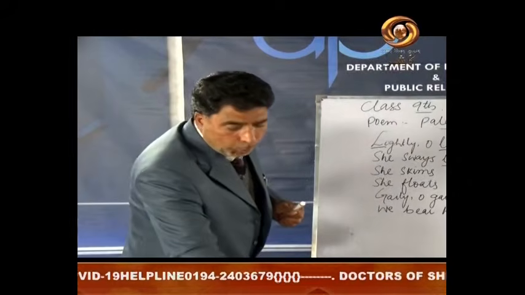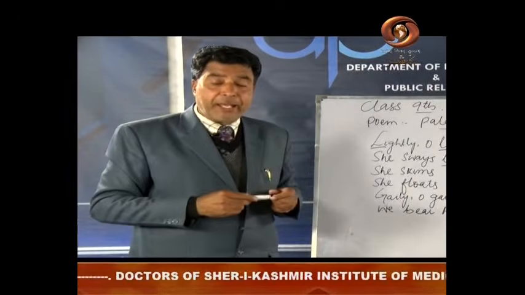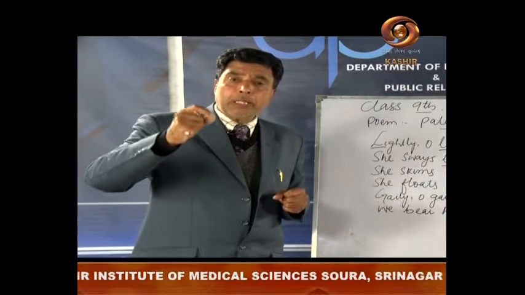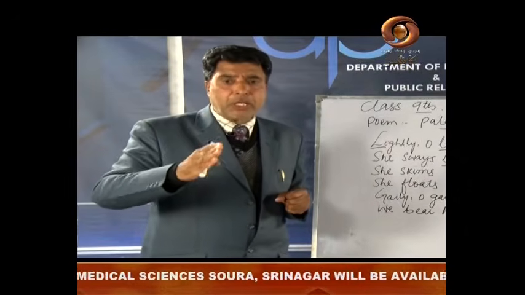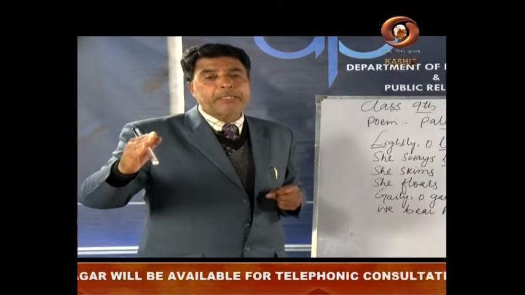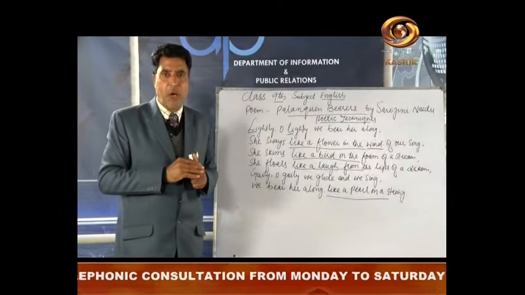Alliteration is a poetic technique where the poets use a consonant letter at the beginning of a word more than once or more than twice. That's called alliteration.